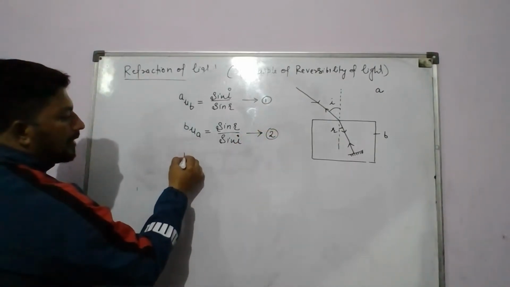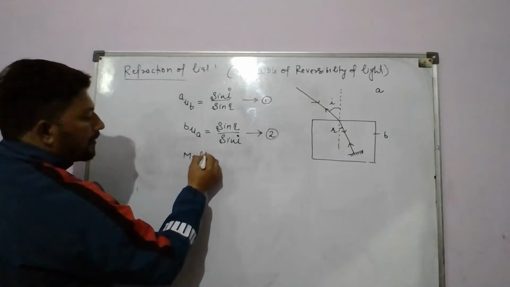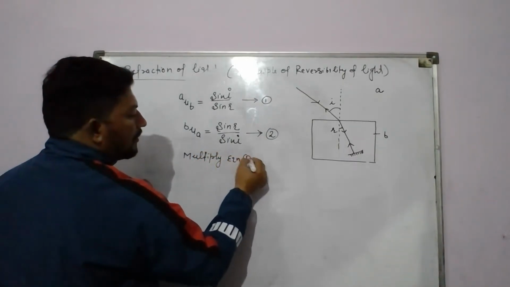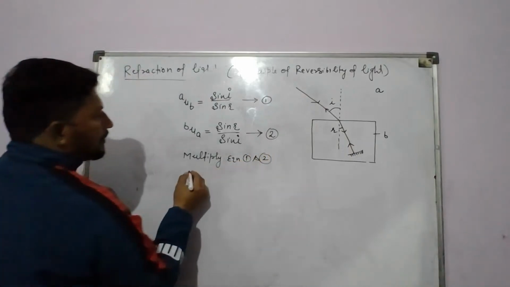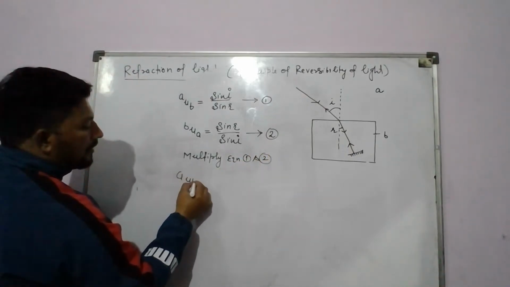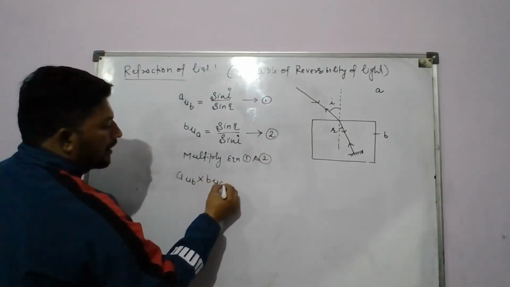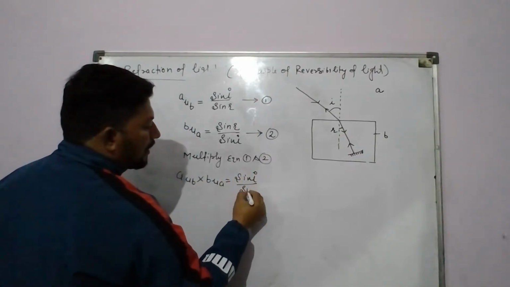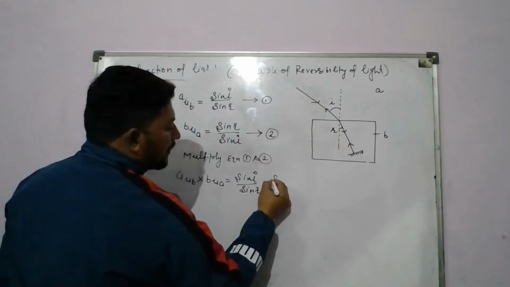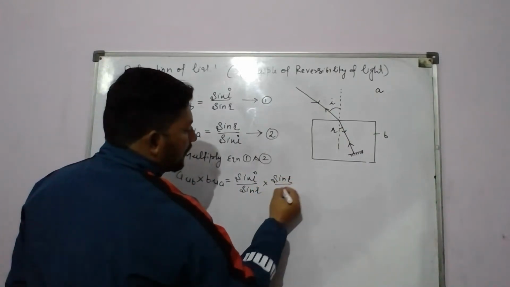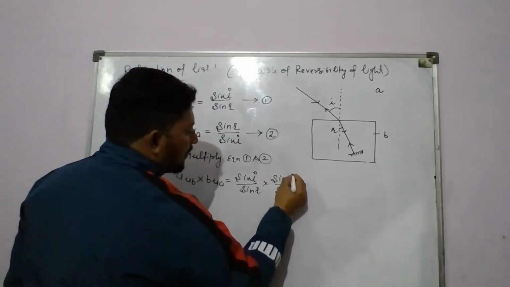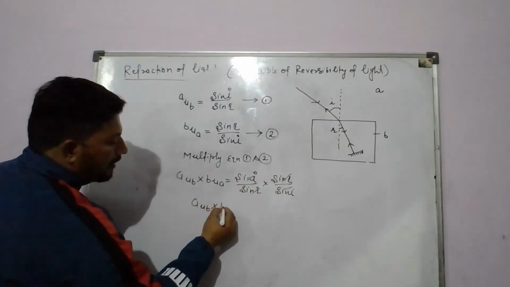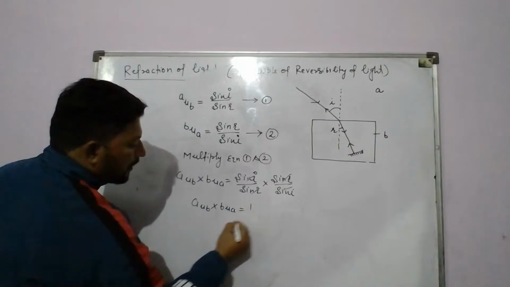Now multiply equations 1 and 2. We get A mu B multiplied by B mu A is equal to sine I upon sine R multiplied by sine R divided by sine I. It means A mu B into B mu A is equal to 1.